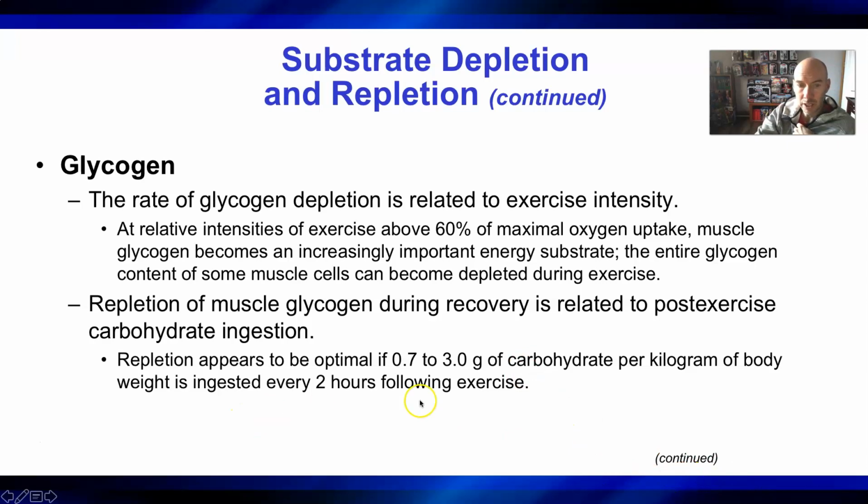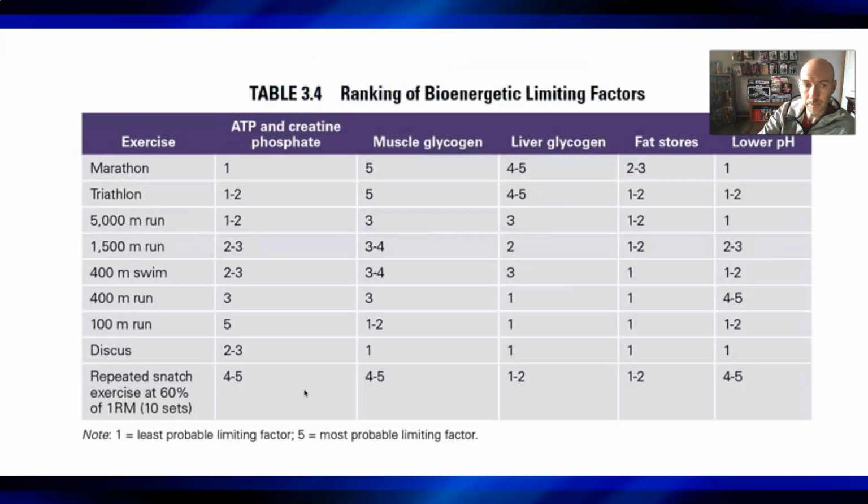And it's usually recommended to do that within 2 hours, and I've even heard up to 4 hours. I guess it depends on how fast you want to recover. If you consume the carbohydrate more immediately after your workout, you're going to recover a little bit faster, okay? But this is going to take a little bit longer compared to what we saw with the phosphagen system.